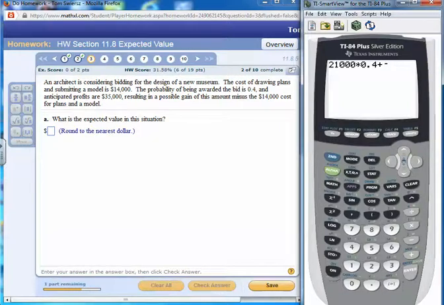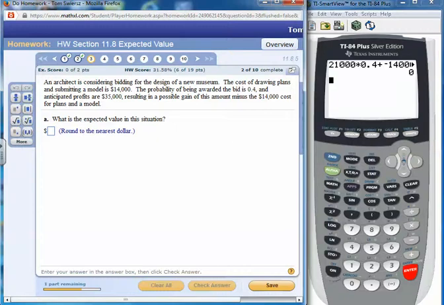The negative is below the 3. 14,000, and the probability is 0.6. And so we get an expected value of 0.